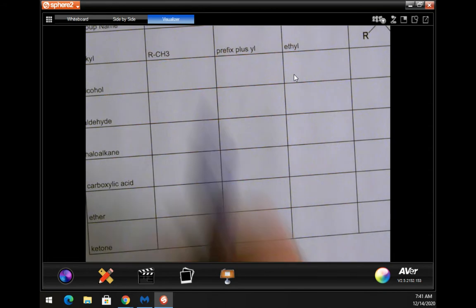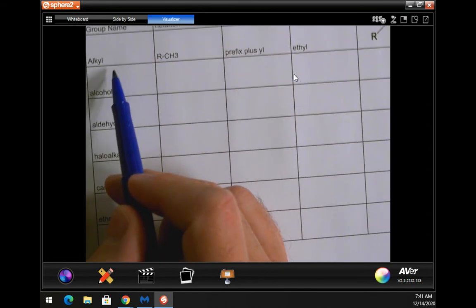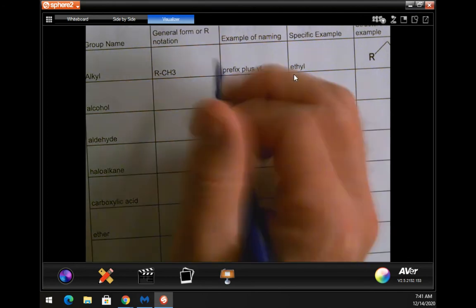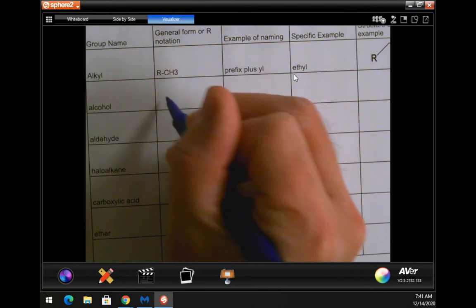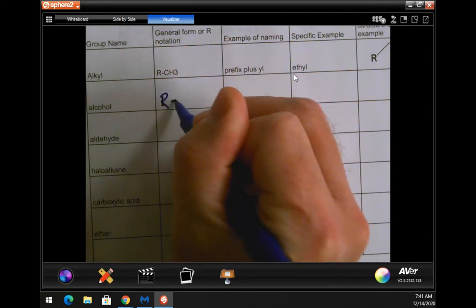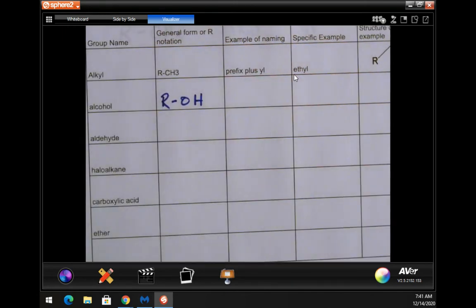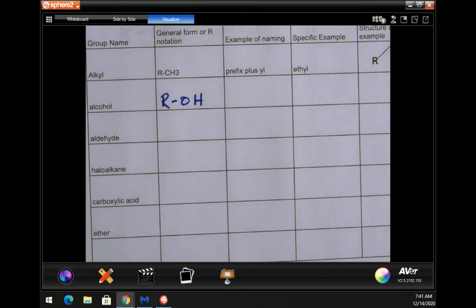Okay, so what we've got over here is the group name. The first one's already done for you. Alcohols, the way their general formula is made, it looks like this. And that little OH part is called a hydroxyl group.